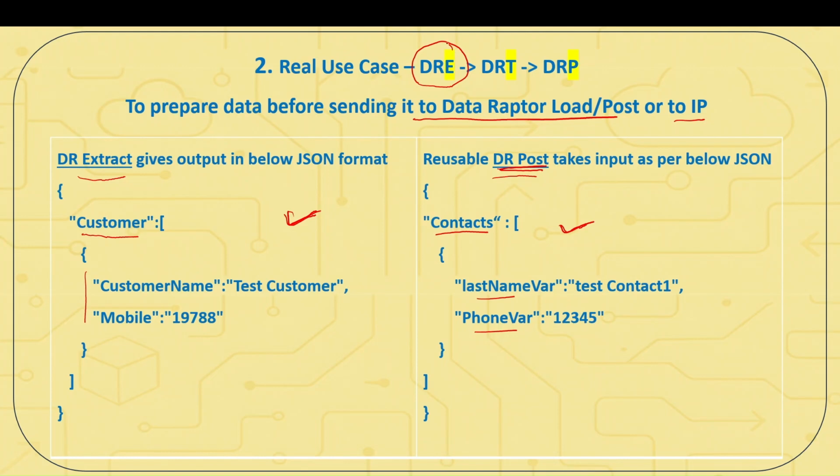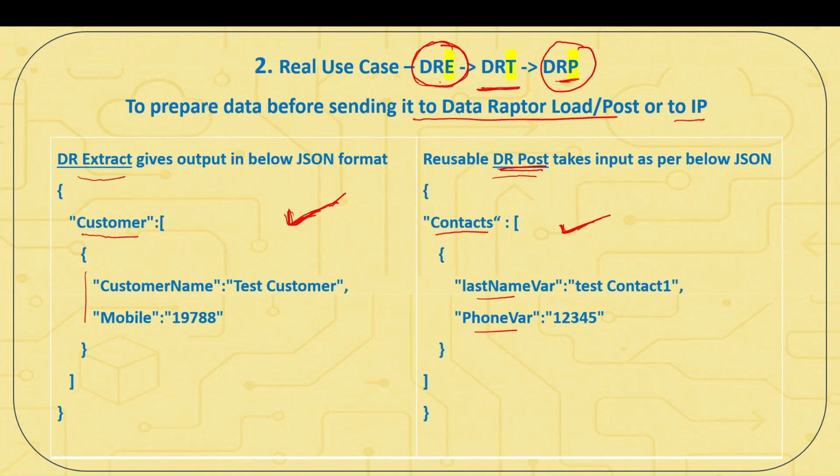It means we have DataRaptor extract, we want to utilize DataRaptor post, this DataRaptor extract having the different JSON, this DataRaptor post expects different JSON, hence we need to use here DataRaptor transform to convert this JSON format to this one.